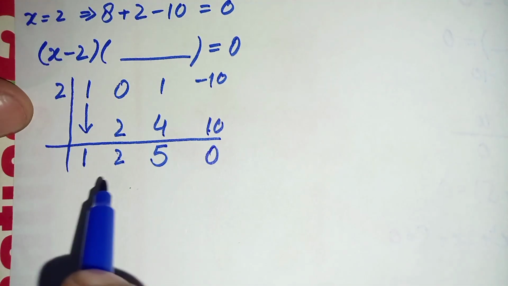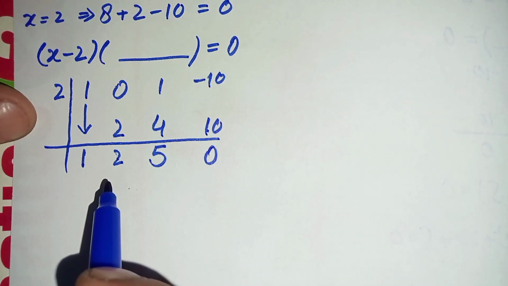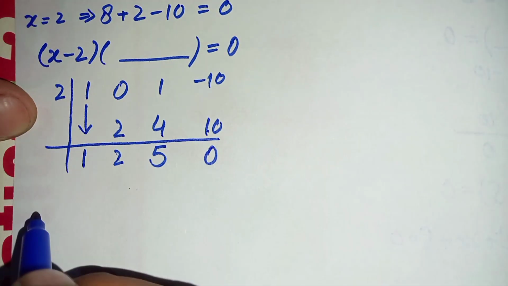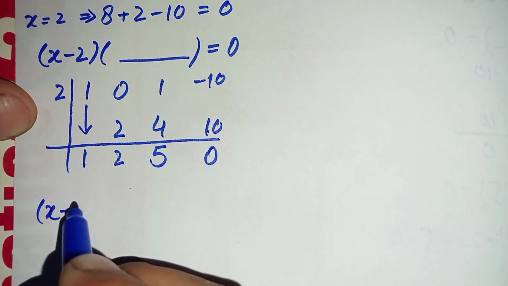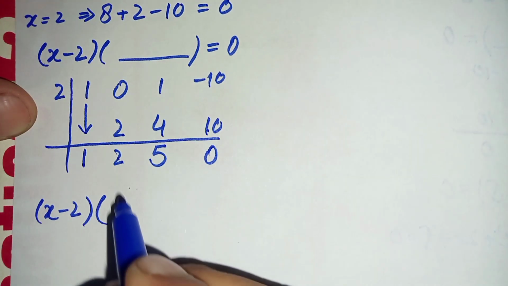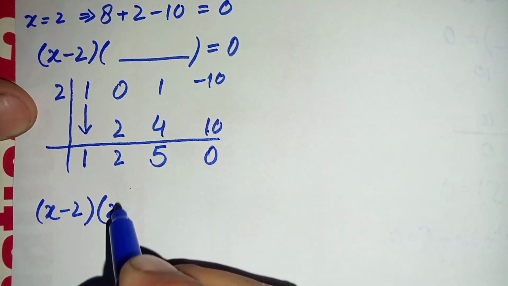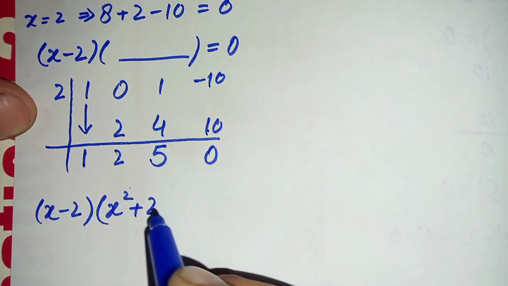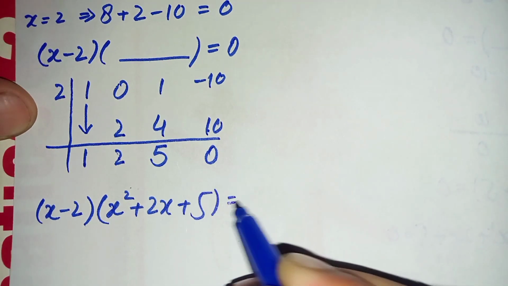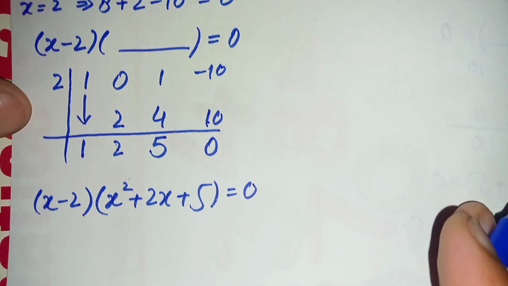So here these are the coefficients of the required quadratic equation. So we will rewrite this equation here, x minus 2, and here we will make a quadratic equation from these coefficients. So that will be x square plus 2x plus 5 is equal to 0.